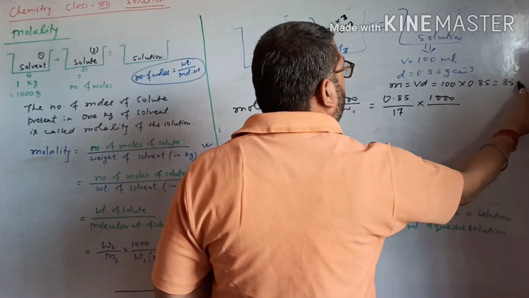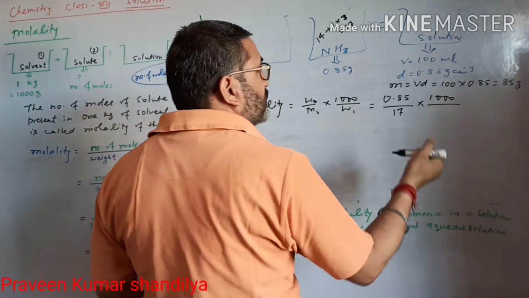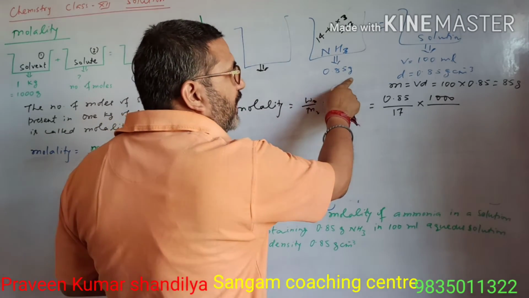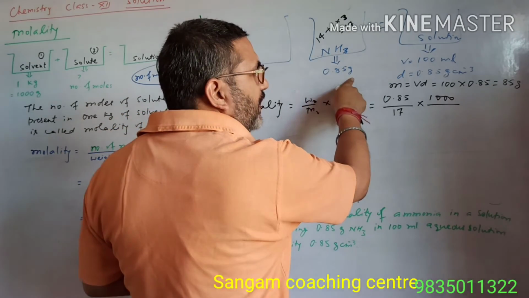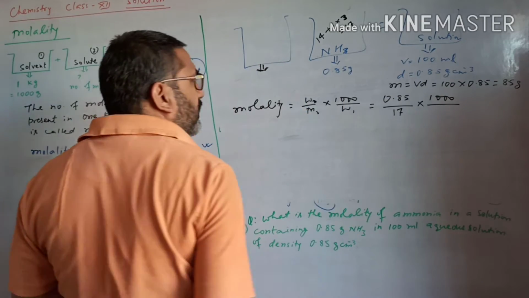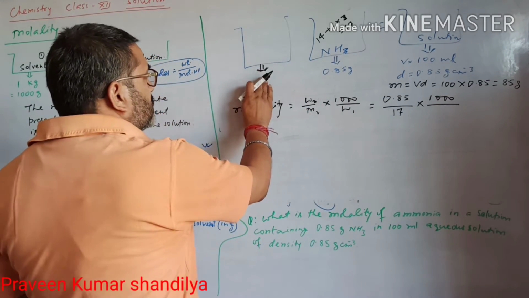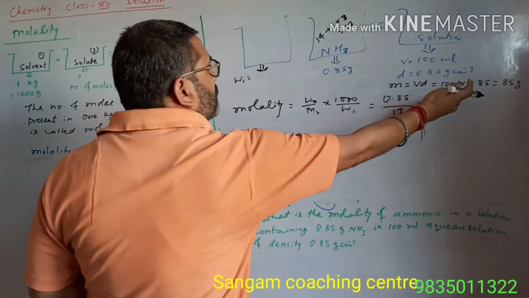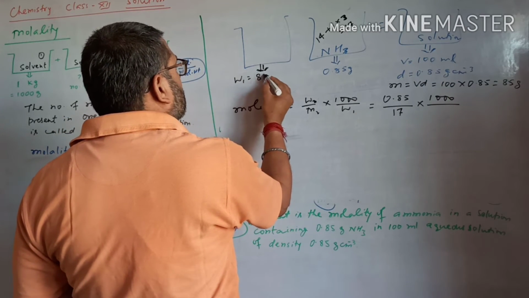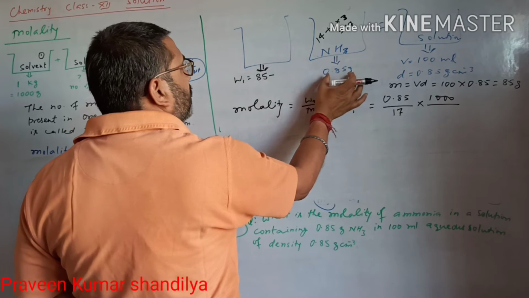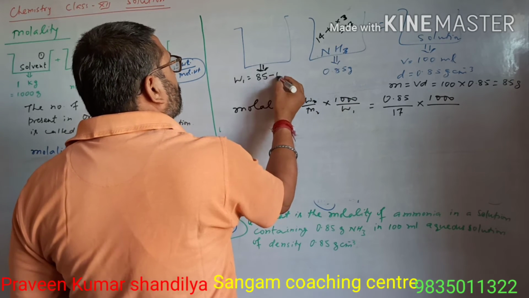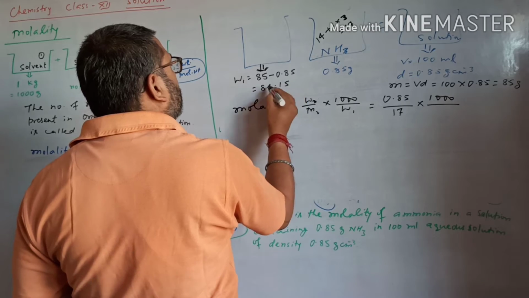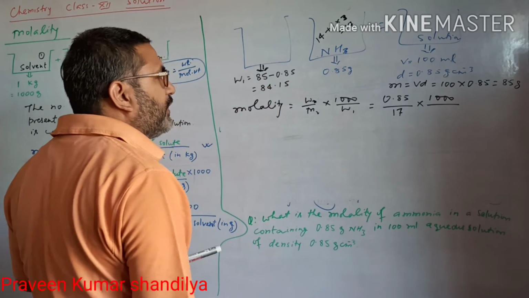That means 85 gram. If the solution is 85 gram and the solute is 0.85 gram, thus we can calculate the weight of solvent. How? W1 is equal to weight of solution minus weight of solute, that means 85 minus 0.85, which is 84.15.